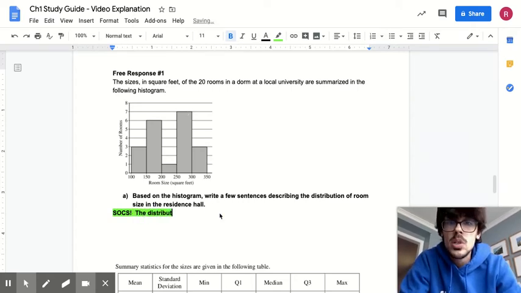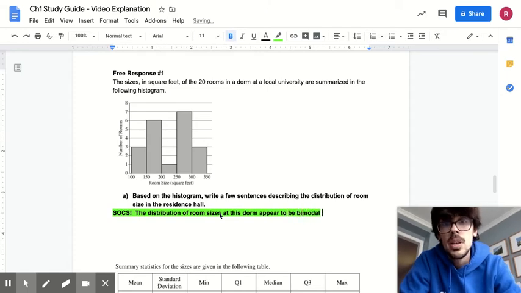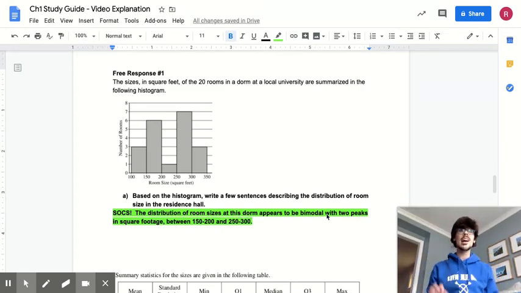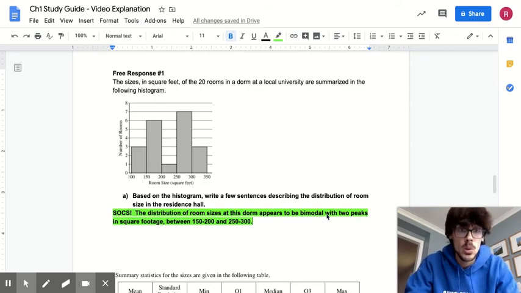The distribution of room sizes at this dorm appears to be bimodal, with two peaks in square footage between 150 and 200 and 250 to 300. Shape, done. I said there are two peaks. I also gave a rough idea of where those peaks are located.